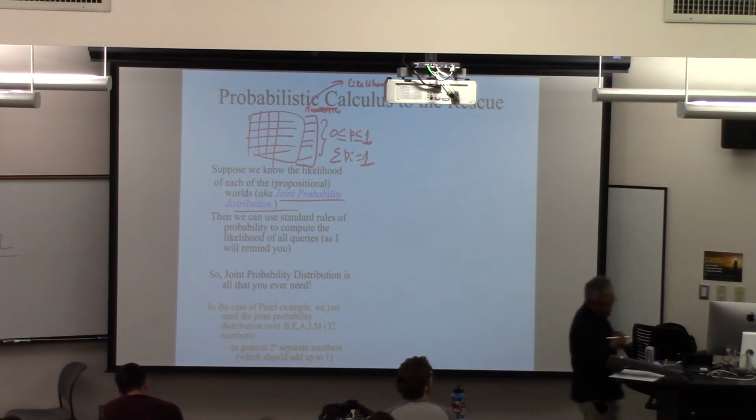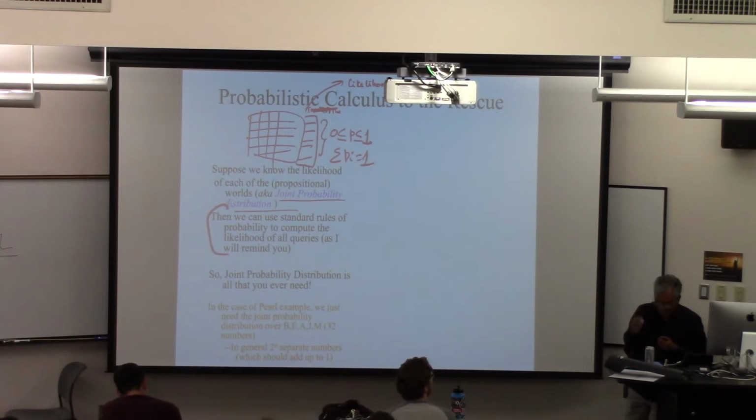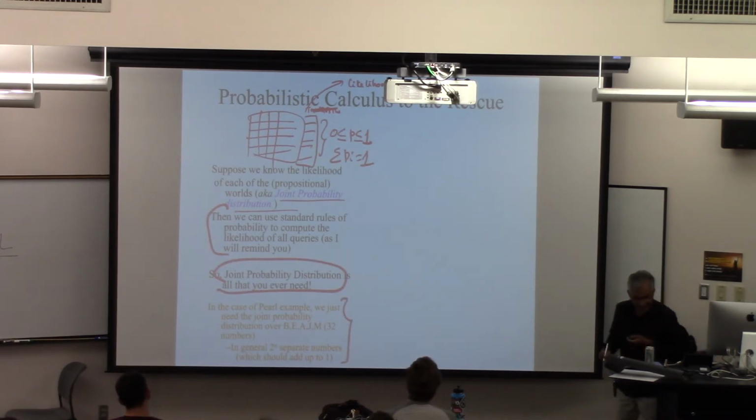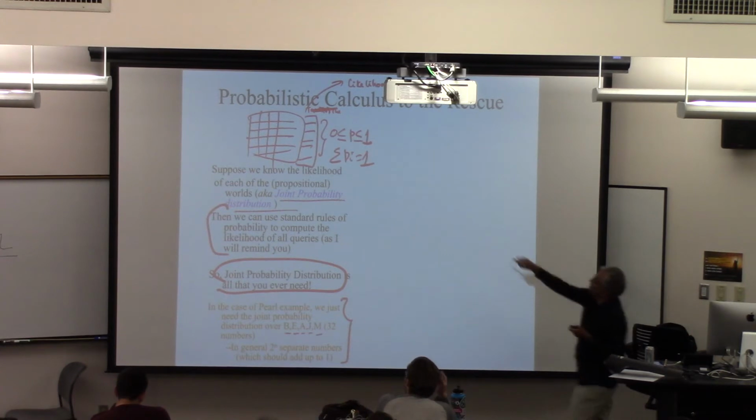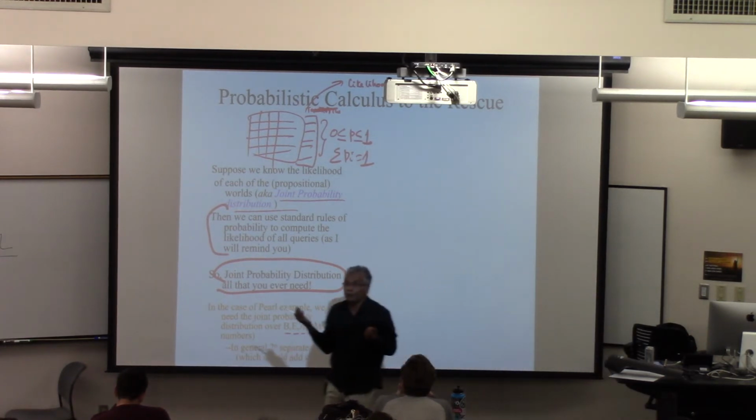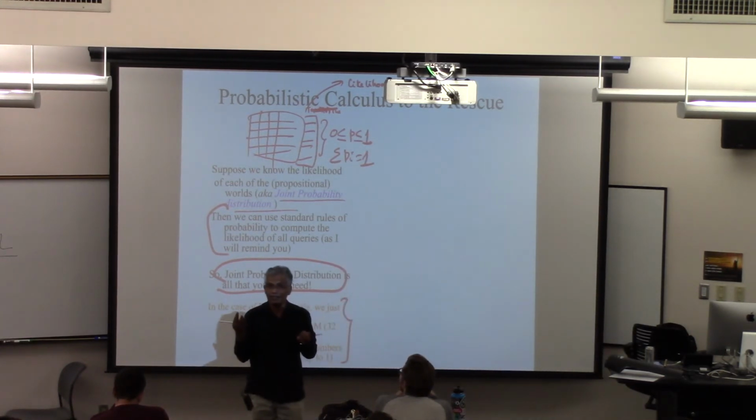Then you can just use standard rules of probability to compute the likelihood of all pairs. So this is the only thing we ever needed. In the case of the Pearl example, we just need the probability distribution for B, E, A, J, M. That means there would be a 32 row table, because there are 5 variables and they are Boolean.